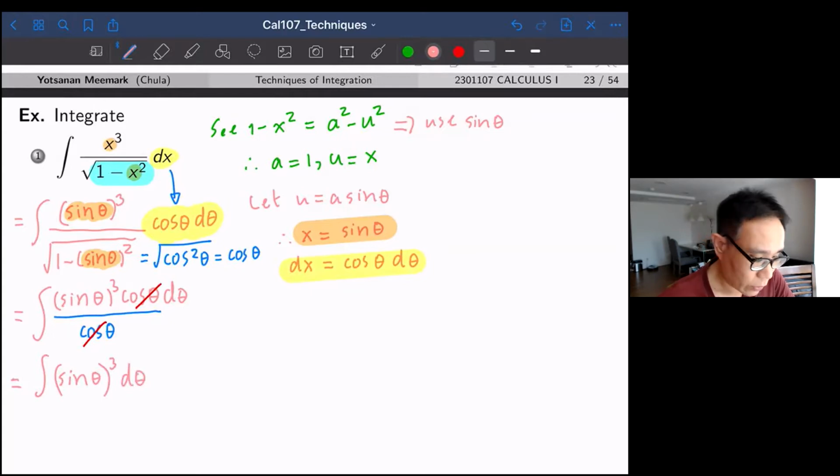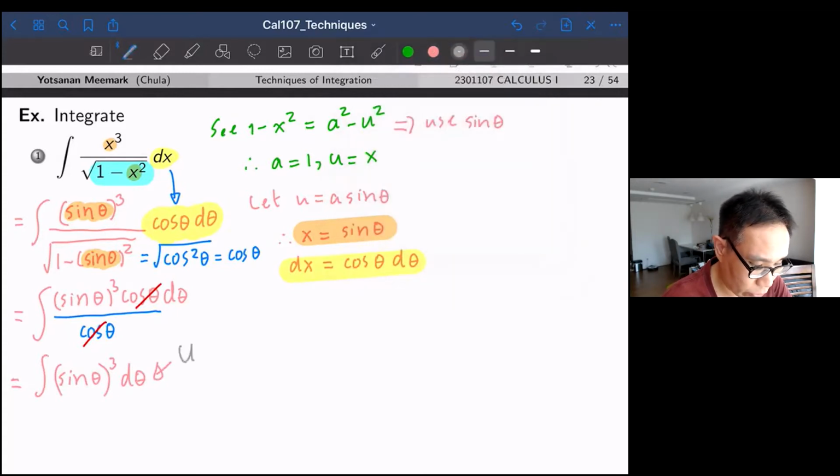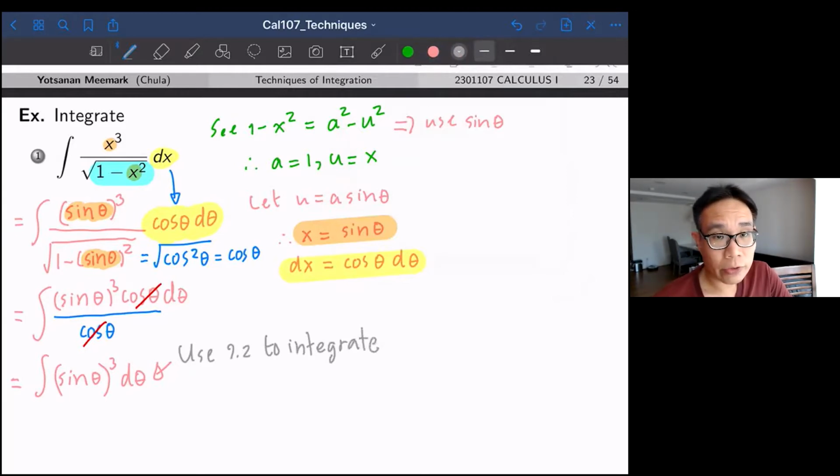And this one, you have to use 7.2 to integrate. So we're going to use section 7.2. Like I mentioned earlier, when you use trigonometric substitution, you're going to end up with the trigonometric integral that we studied in the previous section, so they support each other.